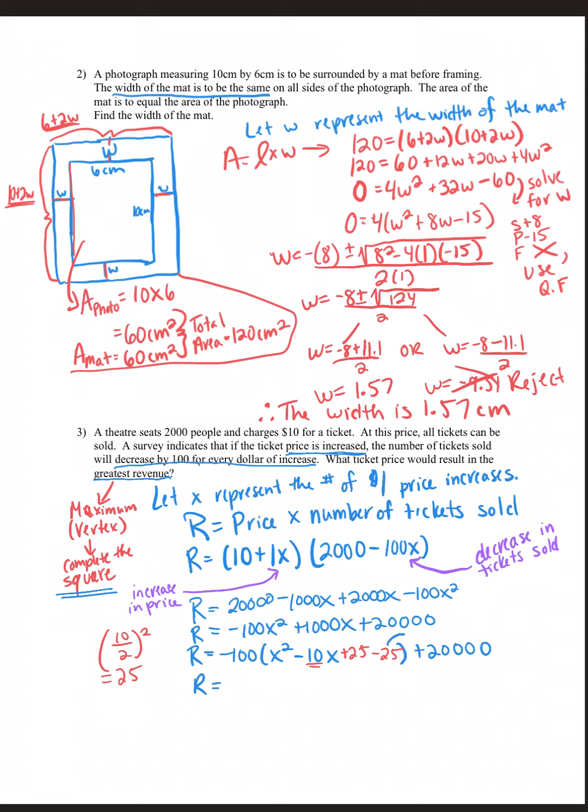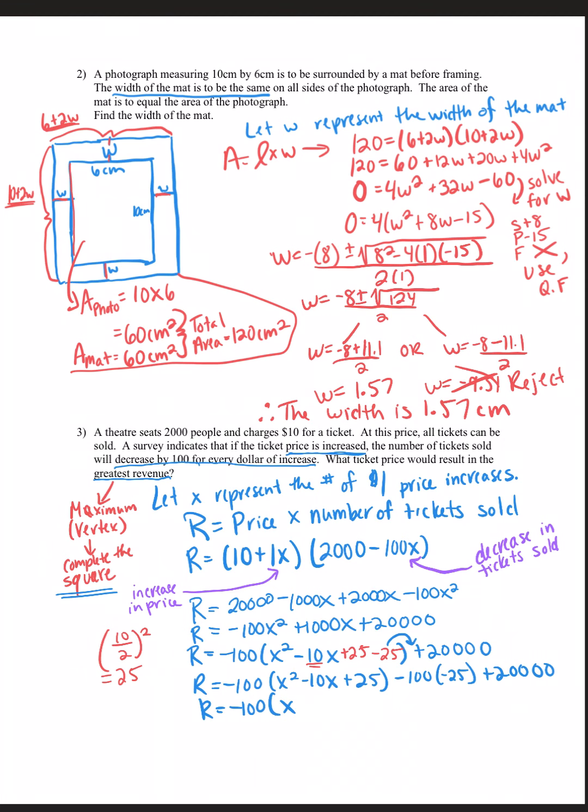Then we're going to pull that negative 25 outside of our bracket. When we pull it out, we have to remember to multiply by that common factor outside. So we're going to have minus 100 times that negative 25, plus 20,000. Now we can factor the perfect square trinomial we've created.